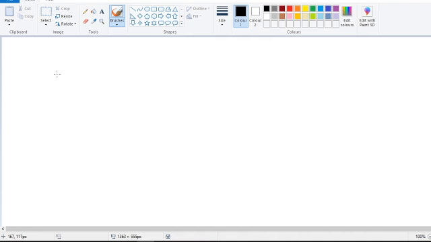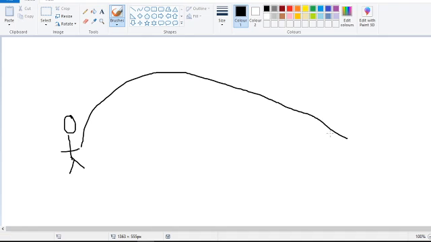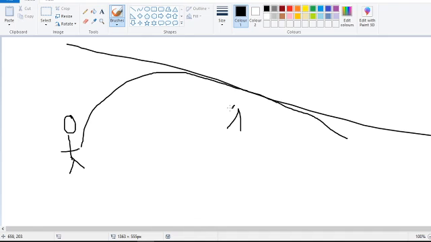Chapter 2 is more things such as, say you have a person and that person throws a ball along a parabola like that, and then say there's a wall there. It would ask you to find at what point the ball hit the wall.